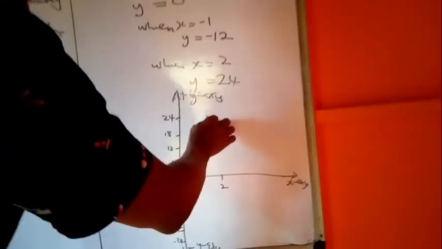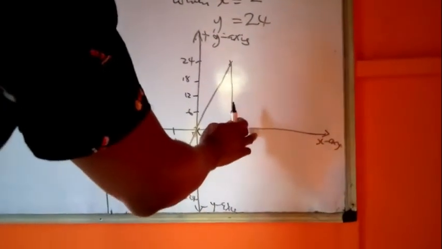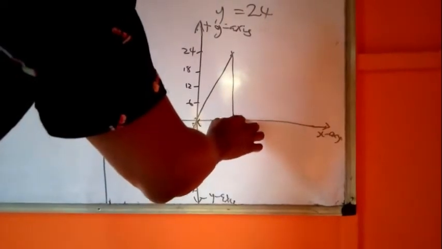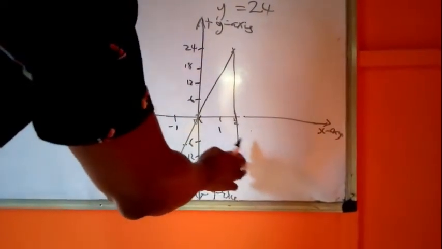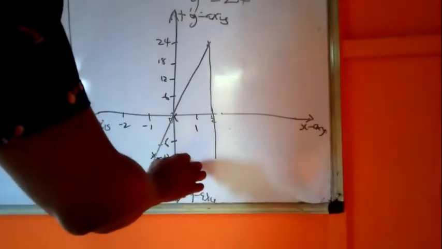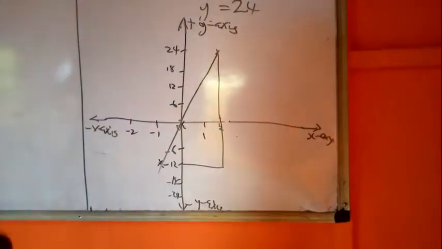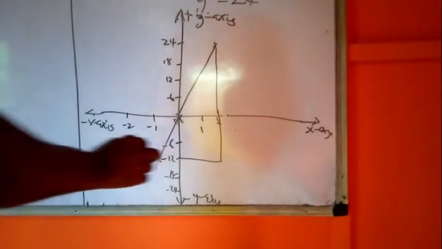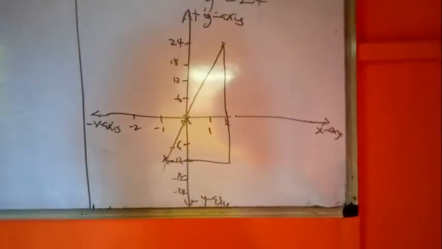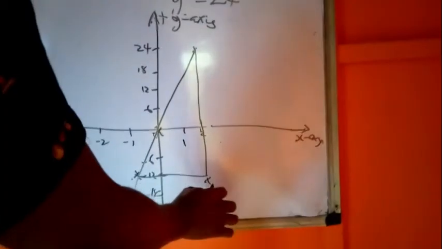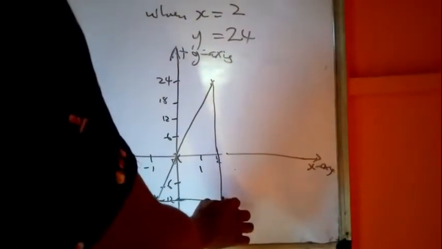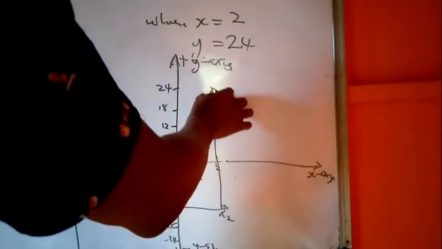We want to find the gradient of this graph, and we label the points x1, x2, y1, y2.